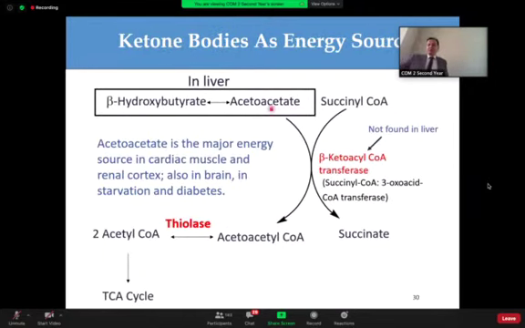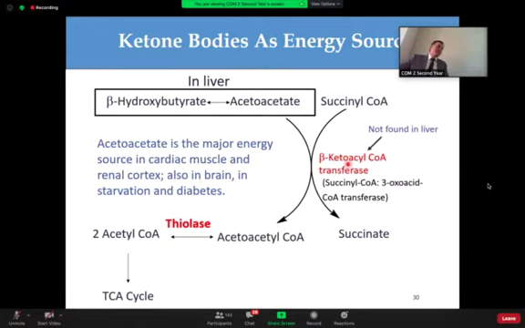Okay? So in the liver, the whole idea is just to show you that in the liver we have beta-hydroxybutyrate and acetoacetate. Now the acetoacetate with succinyl-CoA will form succinate, acetyl-CoA, TCA cycle. The liver cannot utilize ketone bodies, beta-hydroxybutyrate and acetoacetate. Why? Because it lacks an enzyme called beta-ketoacyl-CoA transferase.